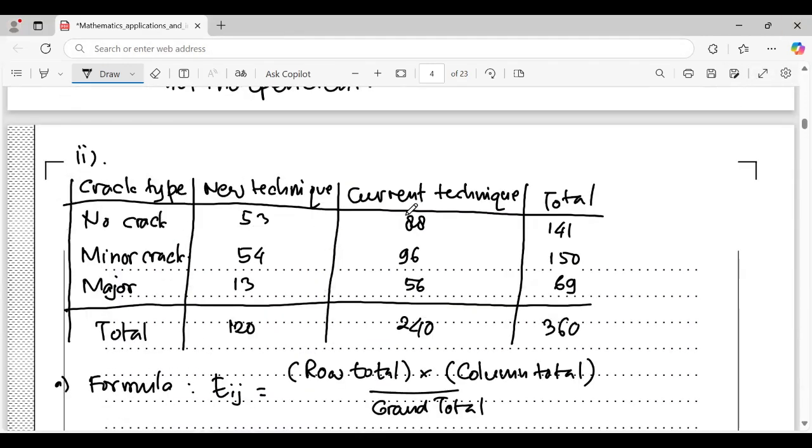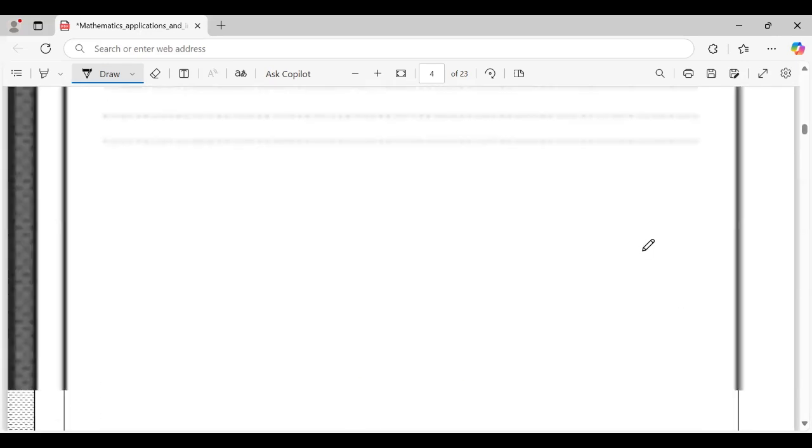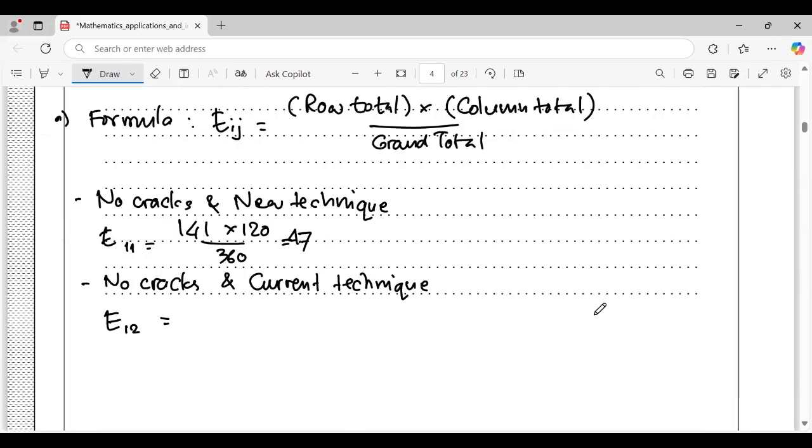No cracks and current technique. No cracks is 141 and current technique is 240. This is 141 times 240 over 360, which is 94.